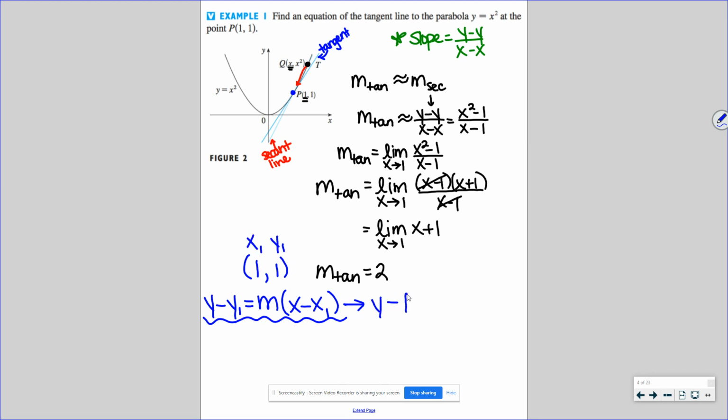So y minus 1 equals 2 times x minus 1. And we could continue by solving this equation for y to write it in slope-intercept form if you want. It's not required in the directions, but sometimes in your book you may have to do it that way. Okay.